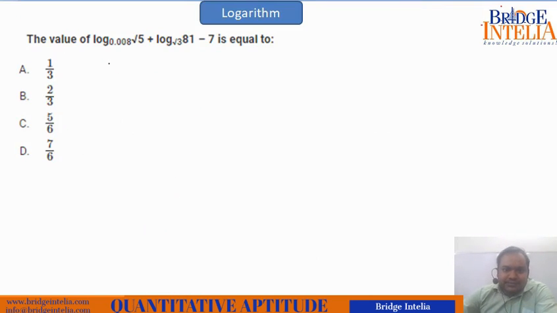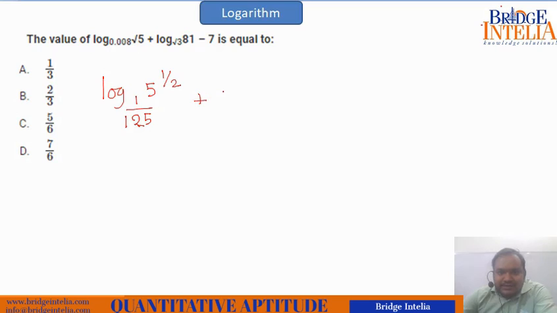Again a very good one. The value of this expression is equal to, now you see, root 5 can be written as 5 to the power half. Similarly, 0.008 can be written as 8 by 1000, which you cancel, and you will get 1 by 125.